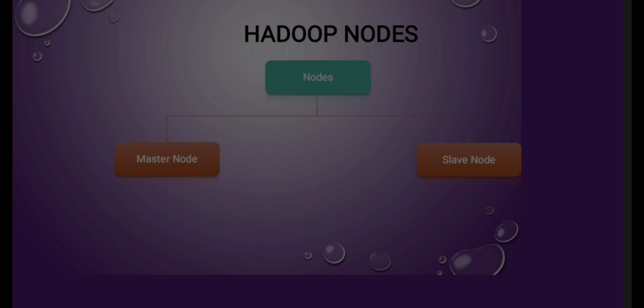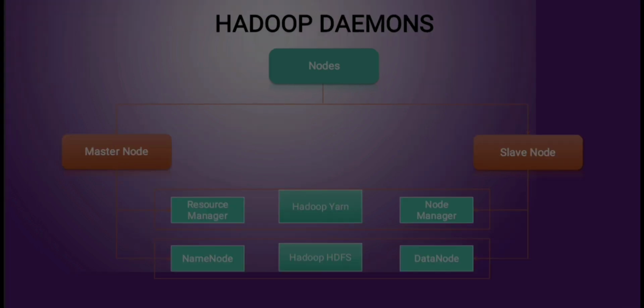Hadoop daemons. Daemons means processes. Hadoop daemons are a set of processes that run on Hadoop. Hadoop is a framework written in Java, so all these processes are Java processes.